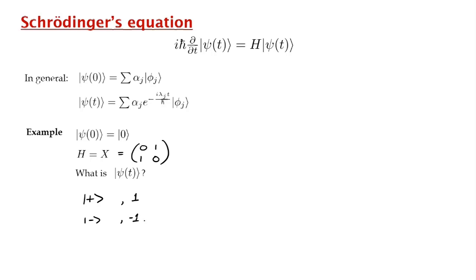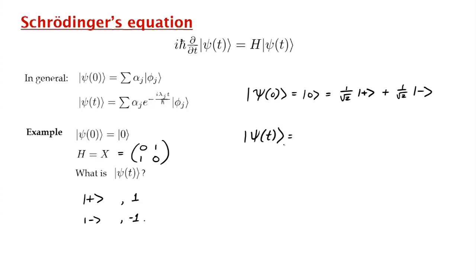So now, what's the next thing we must do? Well, we must write psi of 0 in terms of eigenstates of H. How do we write it? Well, it's 1 over square root 2 plus plus 1 over square root 2 minus. And now we are done. We can just write out what psi of t is.